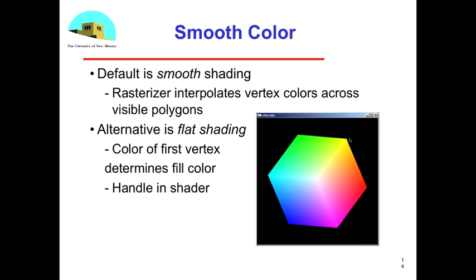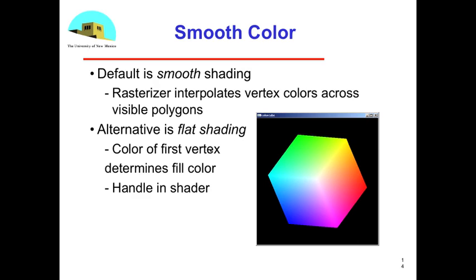Okay, so these 3 are yellow, green, and cyan. Cyan is blue plus green. And what it's doing now is averaging them by an interpolation scheme over this, and what you're seeing here are the fragment colors. Likewise for the other faces. Here you're interpolating for this triangle between red, white, and yellow. Okay, so this is done automatically.